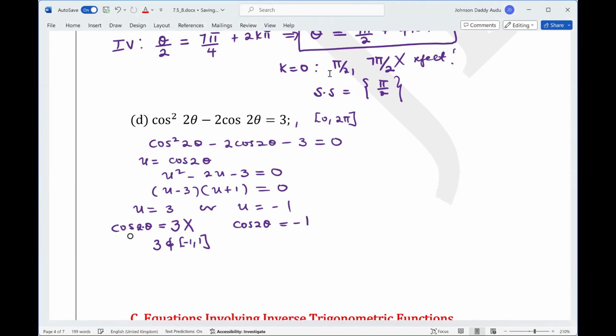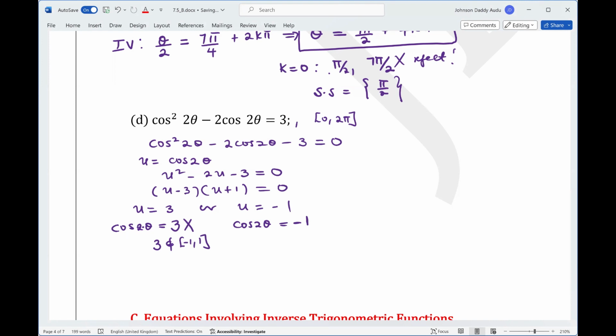That is why we reject it. Now we have only this one, cosine 2 theta is minus 1. Remember, what will give us minus 1? Which angle? Cosine 180 is minus 1.